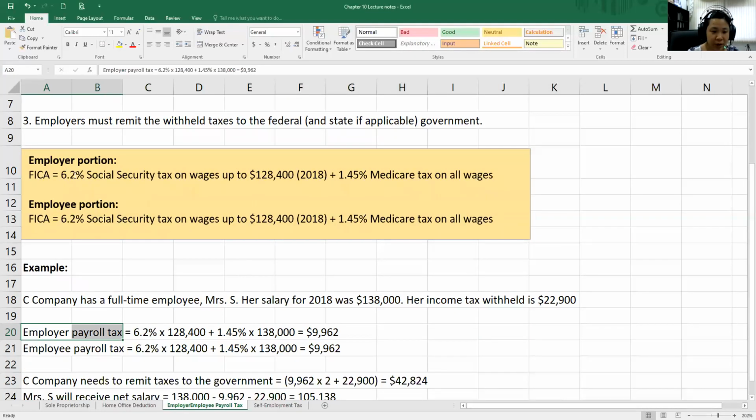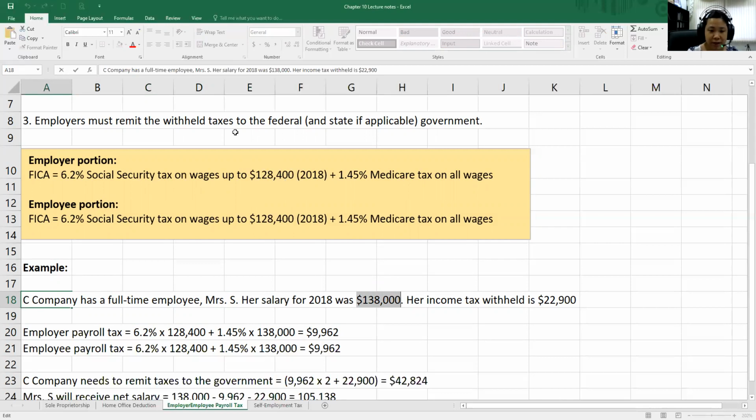So we take 6.2% times 128,400. Now, class, because her salary is 138,000, which is more than 128,400, the maximum amount, we only multiply 128,400.